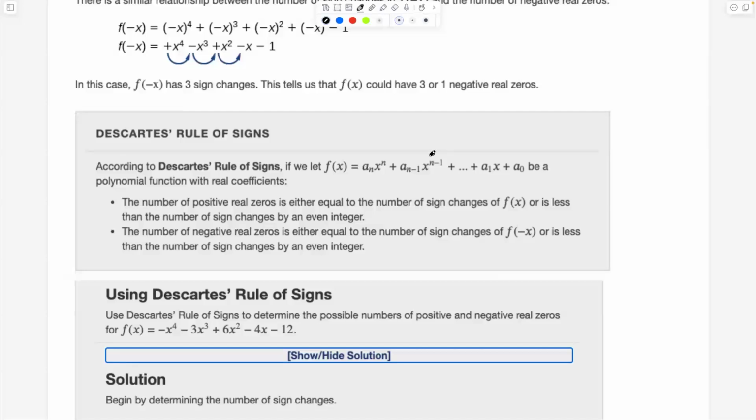That sounds weird. So let's say I go through and I have 8 sign changes. Then the number of possible positive roots will be 8 or 6 or 4 or 2 or 0. I keep subtracting 2.